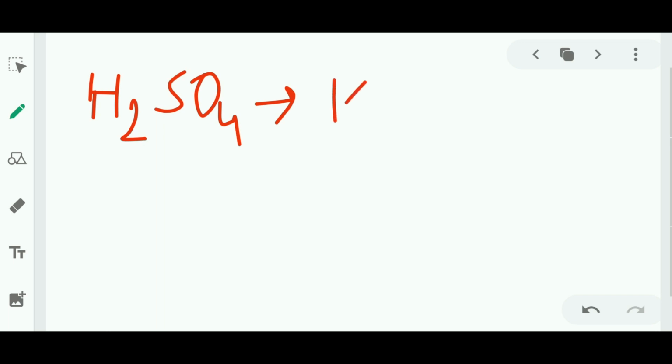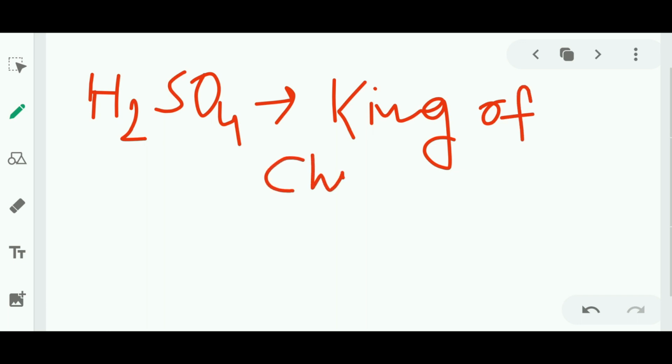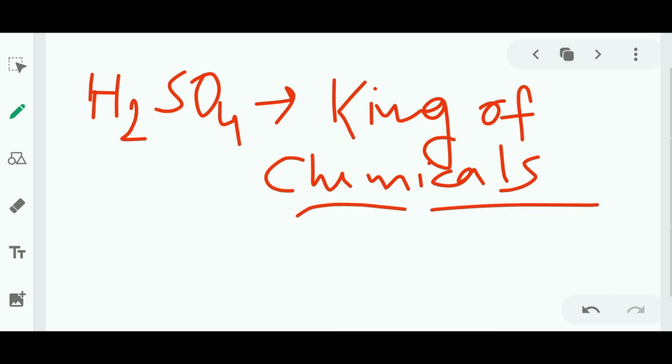It has a wide use, so that's why it is known as the king of chemicals. So what are the uses? It is used in the manufacture of dyes and pigments, soaps, plastic bags, fibers, and chemicals, and in the manufacture of hydrochloric acid, nitric acid, and phosphoric acid.